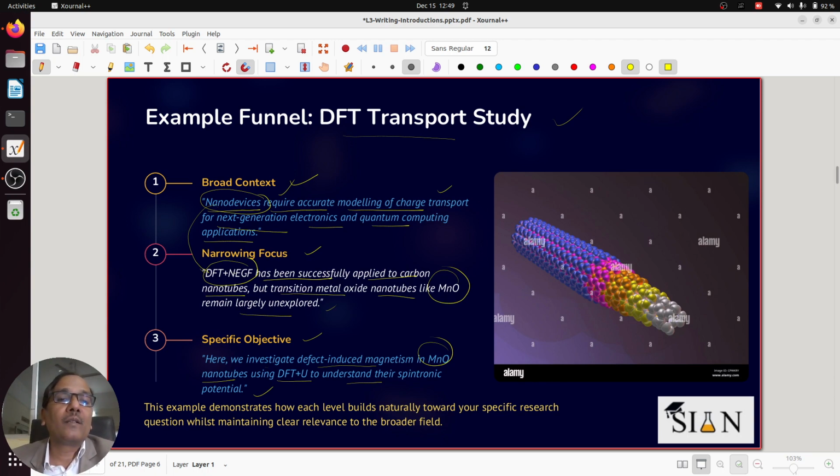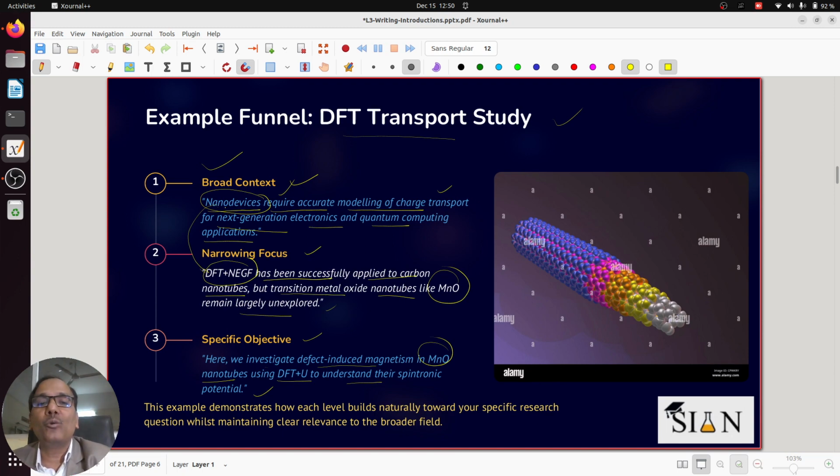So in this example, we begin with the broad context of nano devices and the requirement for accurate modeling of them, and then we come to the next step, the methodology. We use DFT plus NEGF, and the nano device moves to the nanotube. The well-known nanotube is the carbon nanotube.